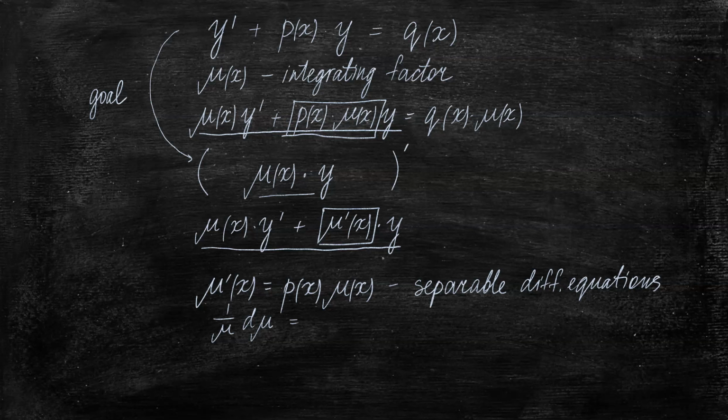And on the right side, we're going to have just p, and we're going to put dx over here, and we integrate this, so we're going to end up with ln of absolute value of mu is equal to, and we don't know what it's equal to unless we know what p is, so we can just write it like this for now, and we of course are going to have some constant of integration there, which is still inside of the indefinite integral.